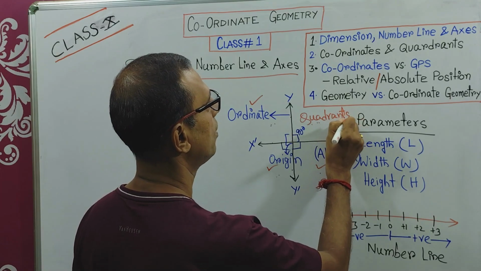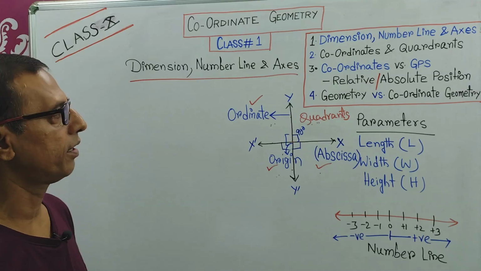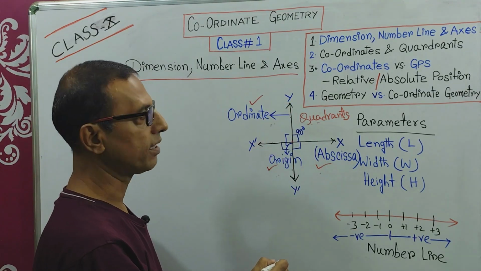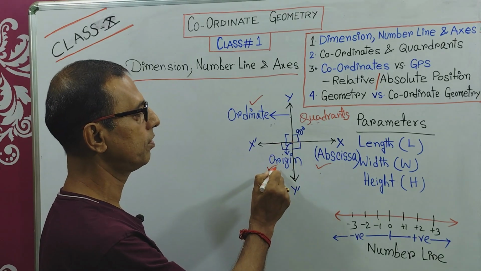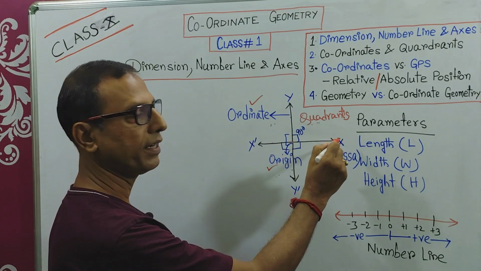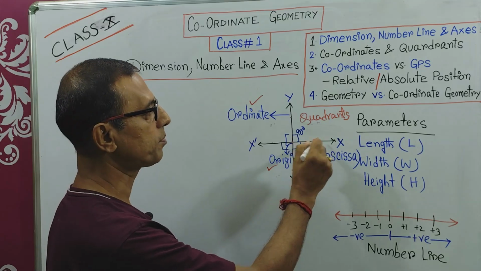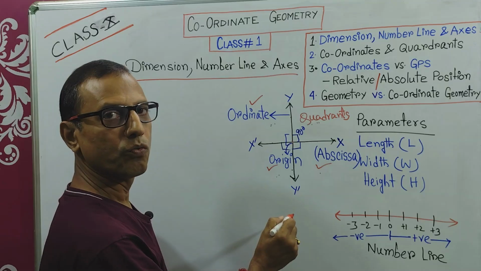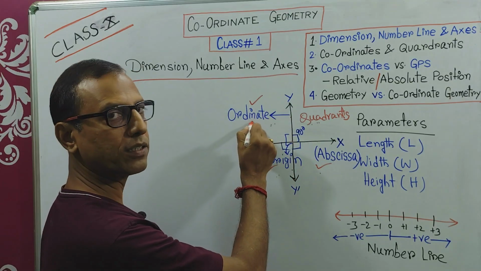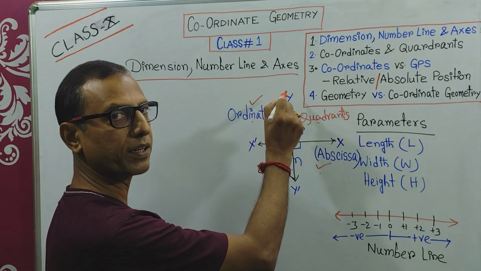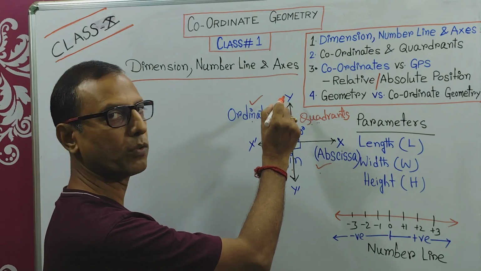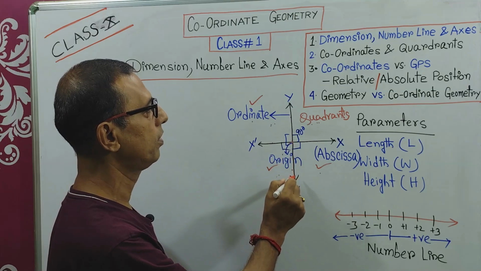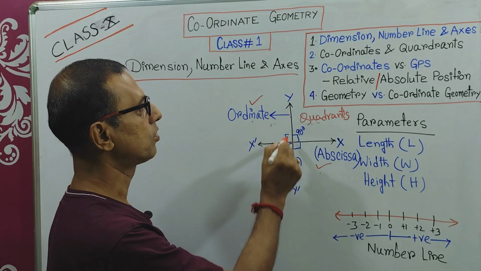So what you understood from this picture: two number lines intersect each other at the origin. The horizontal number line is abscissa, with a positive direction and a negative direction. The vertical one is called ordinate. It is also positive in the upward direction from the origin, and the downward direction from the origin is the negative one.